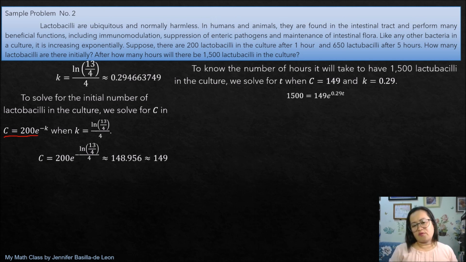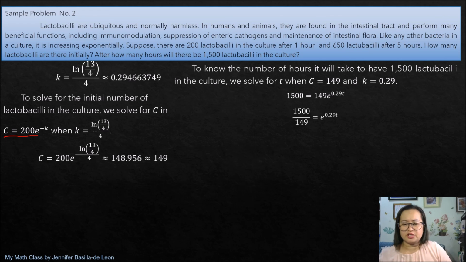And then let's answer the last question, which is the number of hours when the population is 1,500. To know the number of hours it will take to have 1,500, we use the exponential growth model. So we will have 1,500 equals 149e^(0.29t). Simplifying that, we arrive at 1,500/149 equals e^(0.29t).